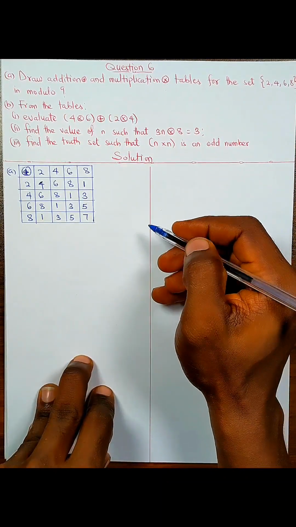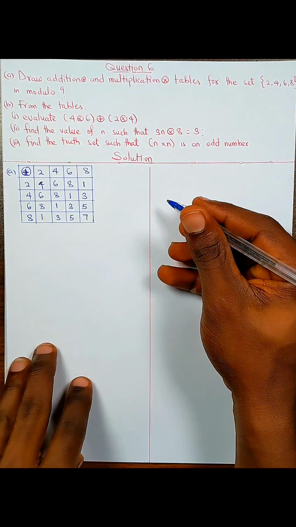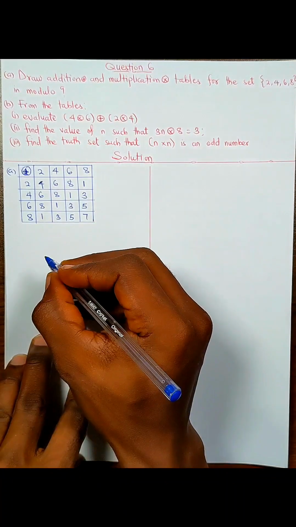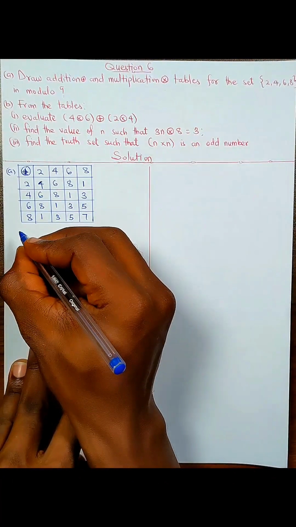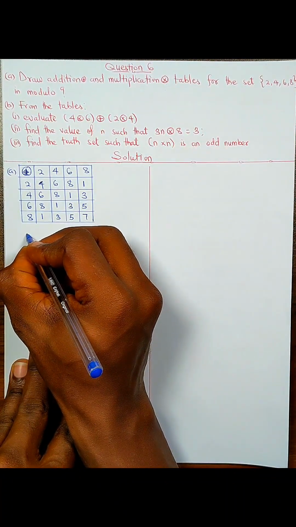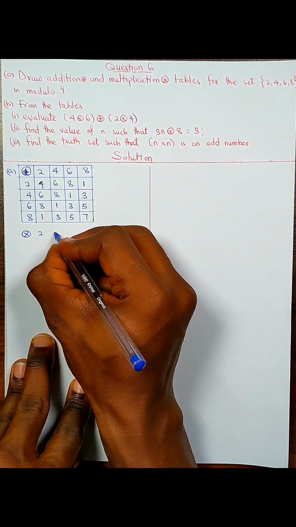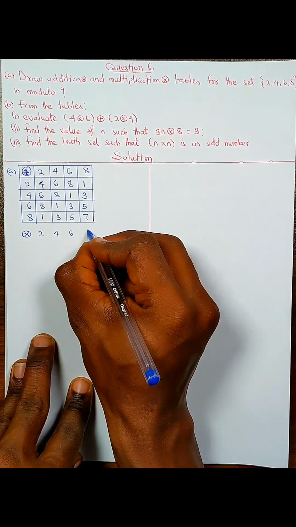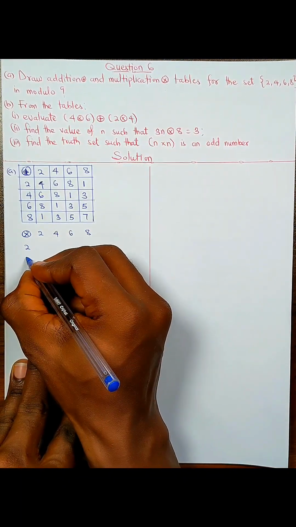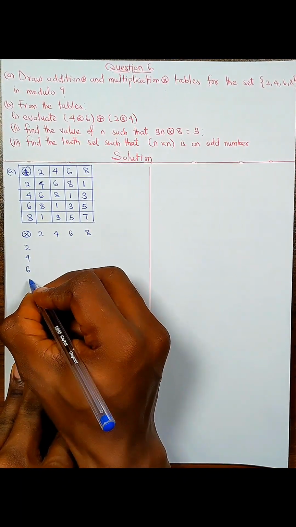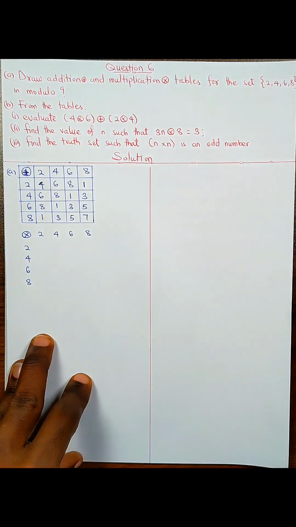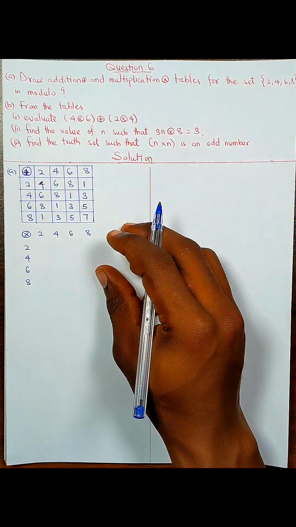The next thing to do is draw the multiplication table for modulo 9 with this same set of values. So the sign is going to be this. Then we have 2, 4, 6, 8 across and 2, 4, 6, 8 down.